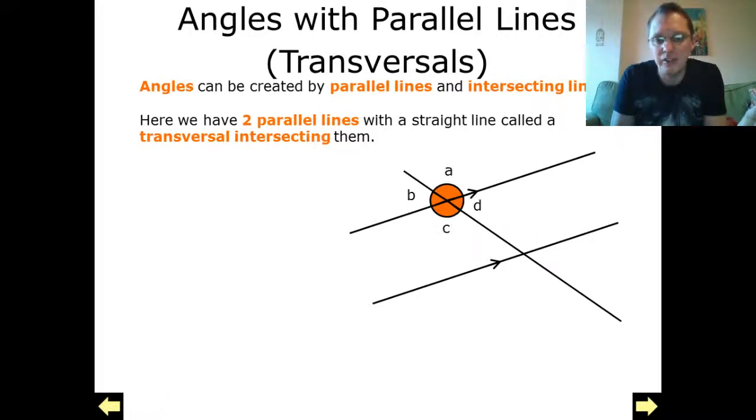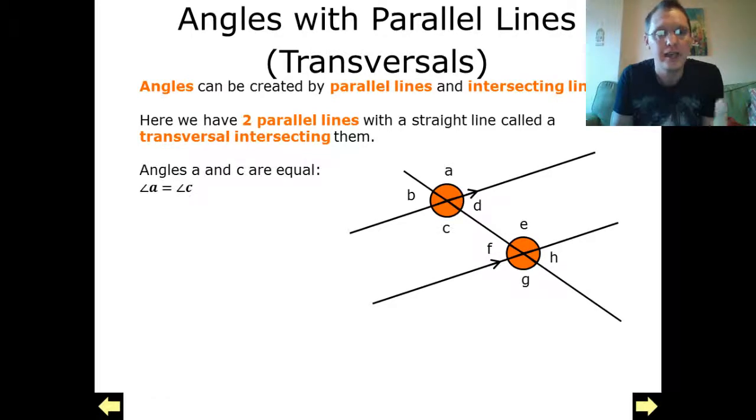So here we're just showing the angles around the outside of and the inside of our transversal and parallel lines, or our angles which are created by these lines. And just pointing out that angle A is going to be equal to angle C, which is vertically opposite this.